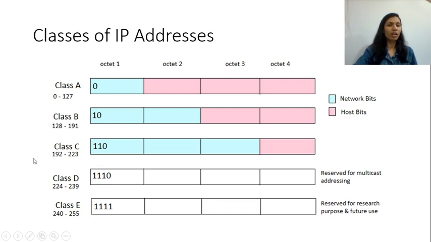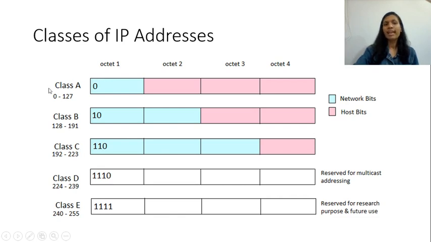From amongst the 5 classes, Class D and E are reserved, leaving you with Class A, B, C, which are usable IP addresses. Class D is reserved for multicast addressing, and Class E is reserved for research purpose and future use.